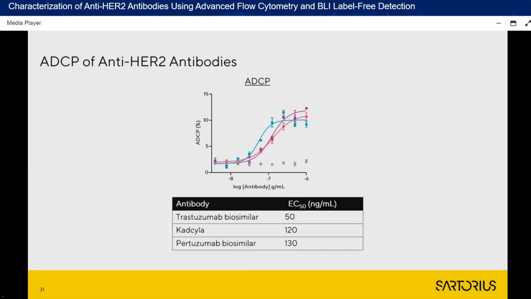And this is what the data looked like for our anti-HER2 antibodies. So again, they were pretty comparable in terms of their induction of ADCP activity, but it was noticeable that the trastuzumab did have slightly increased potency compared to the other two, at about 2.5-fold increased ADCP activity.